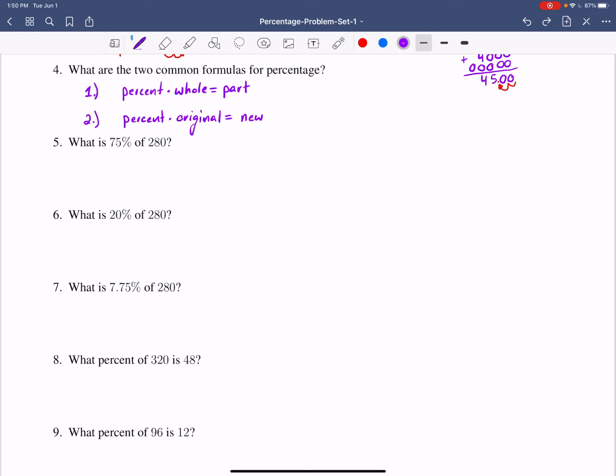So what is 75% of 280? Since this is a percent problem, I'm going to start by writing down a formula that has to do with percentages. So let's write down percent times whole equals part. Now the question is, what do we need to do with the percent before we plug it into this formula? Remember, we need to take 75% and we need to convert that into decimal form.